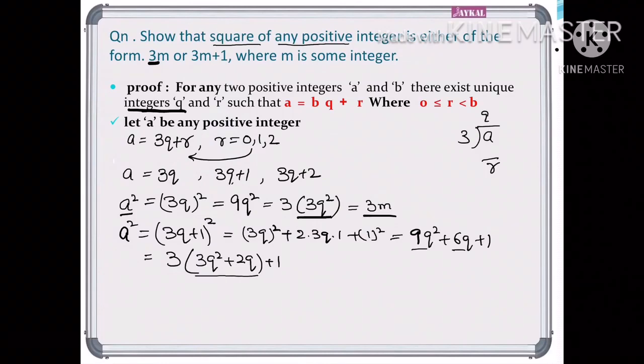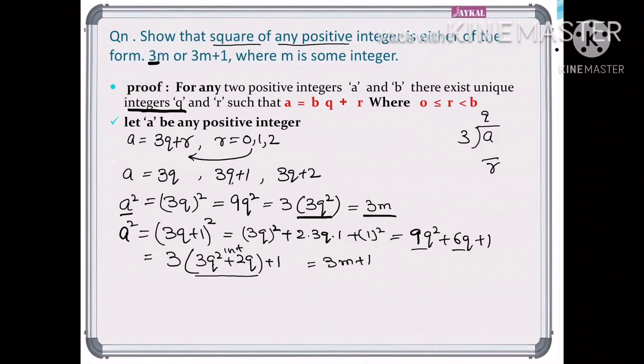What can you say about this? q is an integer, therefore 2q is also an integer, 3q square is also an integer, and sum of two integers is also an integer. Therefore this factor is an integer. Let us replace this integer by another number, say m. So it can be written as 3m plus 1.